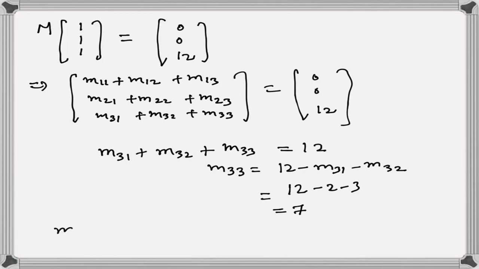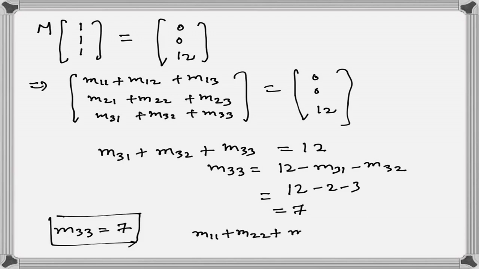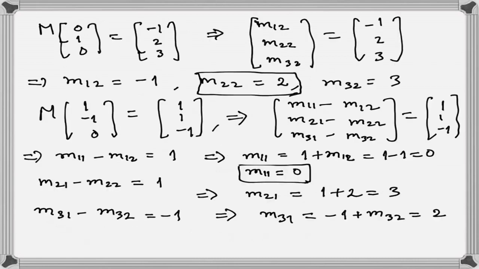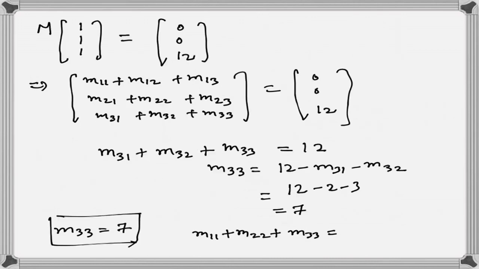So we get M33 as 7. This means M11 plus M22 plus M33 is M11, which was 0, plus M22, which was 2, plus 7, which equals 9. So this is the final answer.